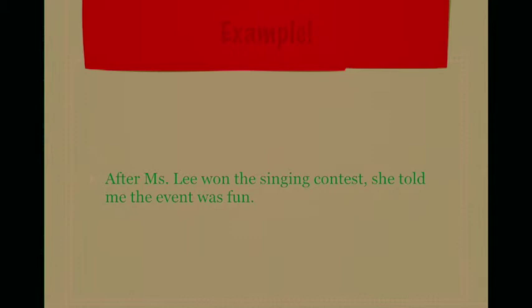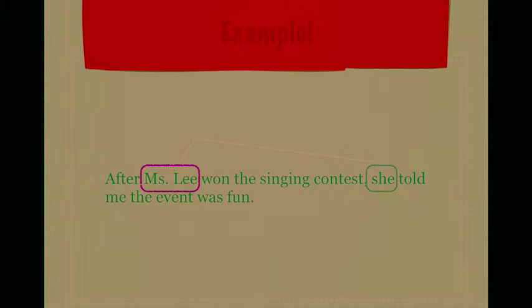So if we're finding the subject pronoun, what word would be used to replace Miss Lee? You said she, you are correct, because she refers to Miss Lee. And now there's another type of pronoun in here.